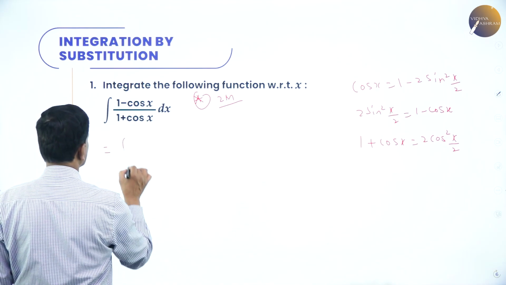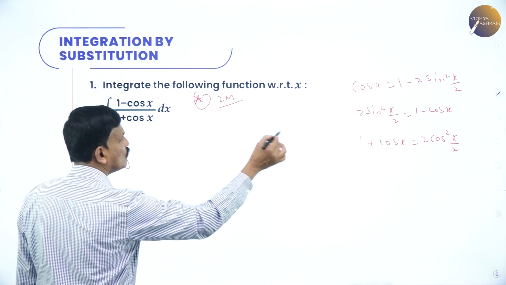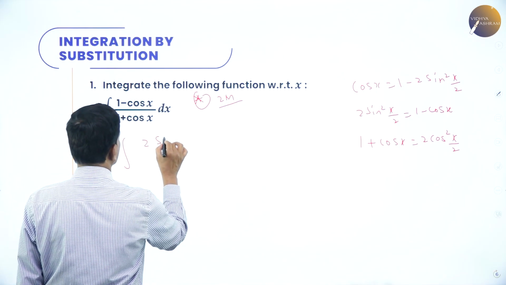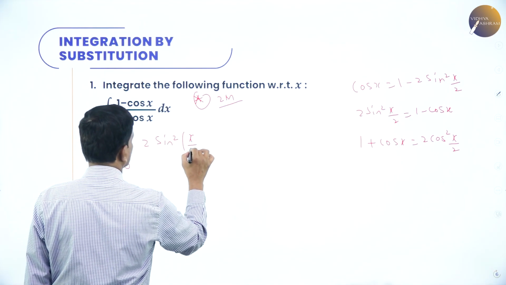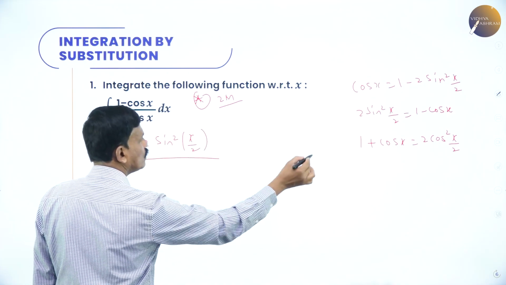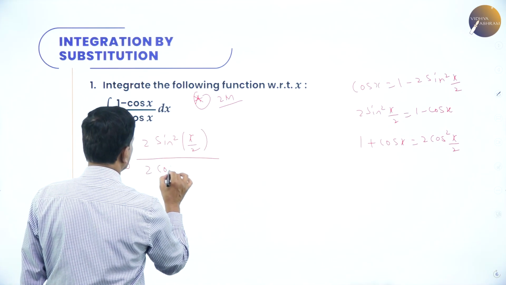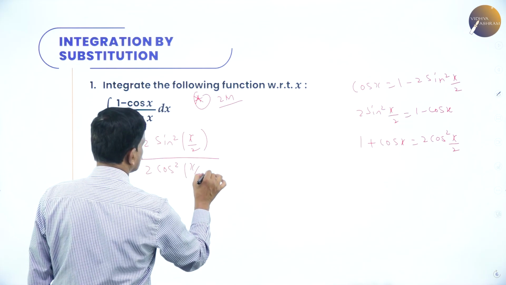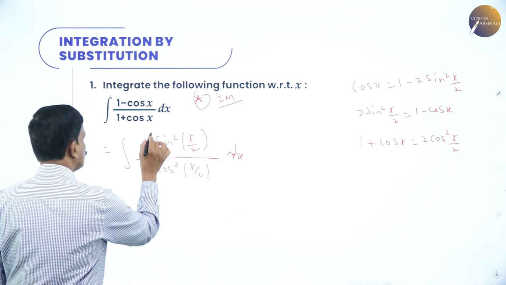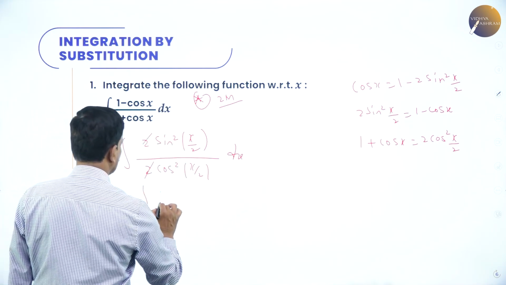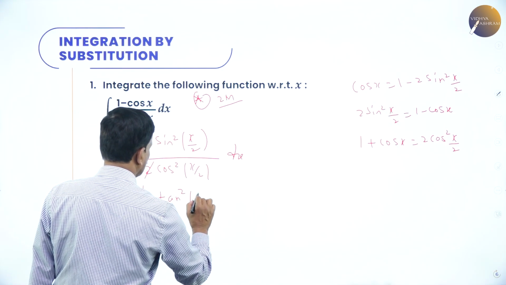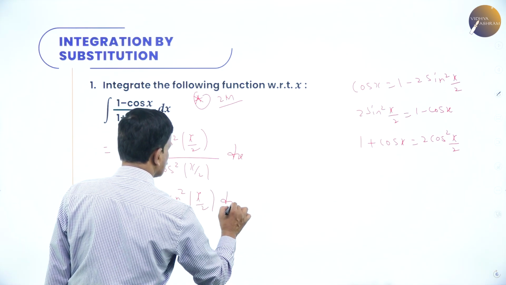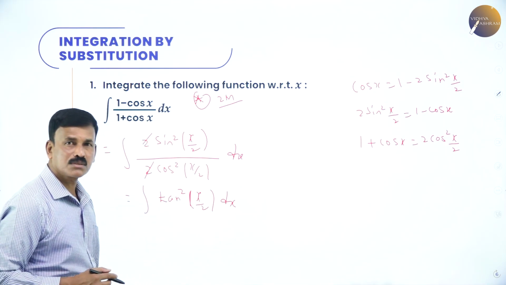So this given integral can be written as integral of 1 minus cos x, which is 2 times sin square x by 2, divided by 1 plus cos x, which is 2 times cos square x by 2, dx. So 2 and 2 get cancelled. Sin square by cos square is tan square x by 2, into dx.